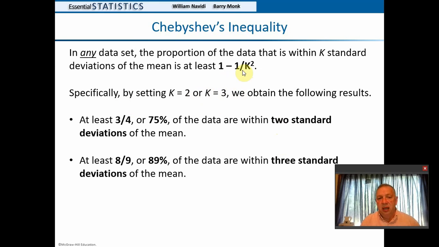They could all be there, but at least the minimum would be 75% for 2, 89% within plus or minus 3 standard deviations. So this is a good useful formula as well. Works for anything, but that empirical rule, if you've got the additional information that it is bell-shaped, normal distribution we're going to talk about, we can use that empirical rule, and it gives us a better estimate.